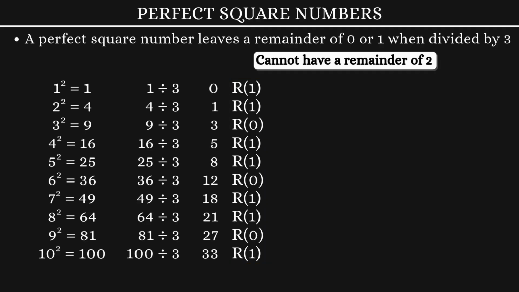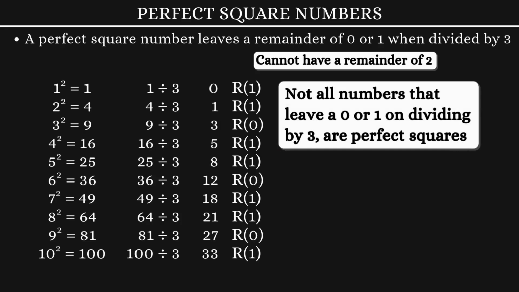But we'll again remember that all the numbers which leave a remainder of 0 or 1 on dividing by 3 will not be perfect square numbers. For example, when you divide 33 by 3, it gives a quotient of 11 and a remainder of 0.